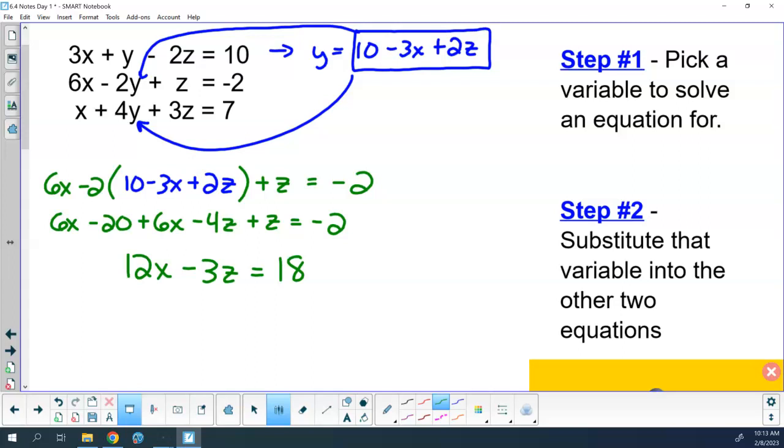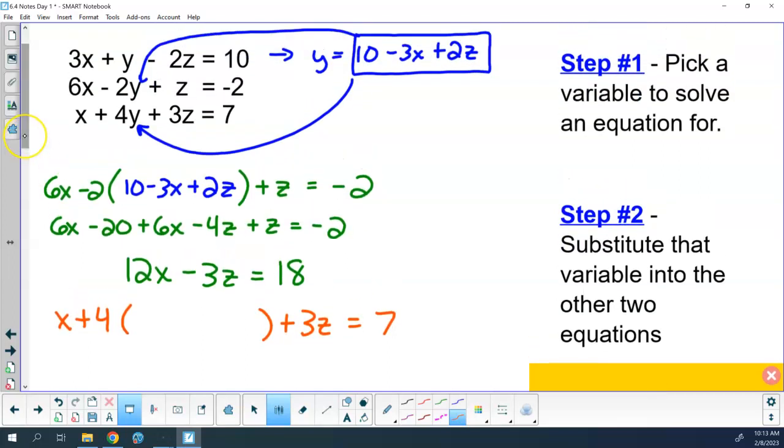Okay. Then we've got to do it into the third equation, x plus 4 times that, and plus 3z is going to equal 7. And now this is 10 minus 3x plus 2z.